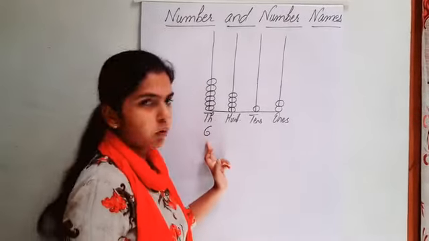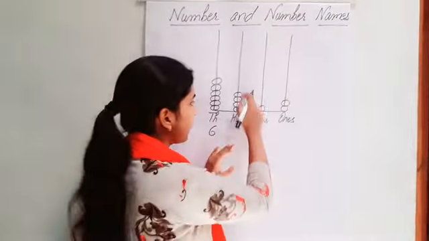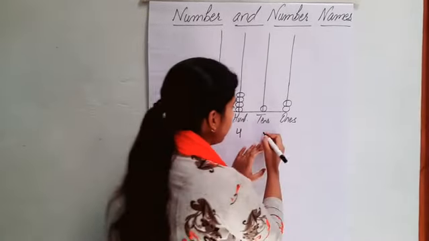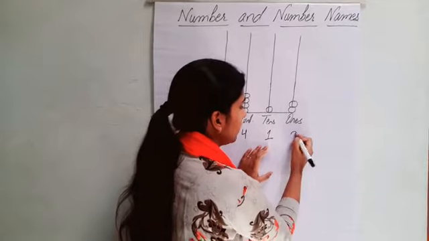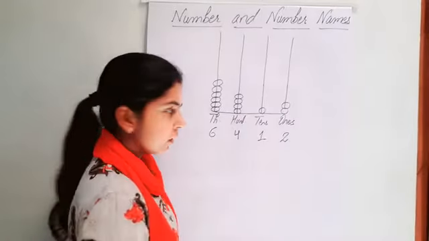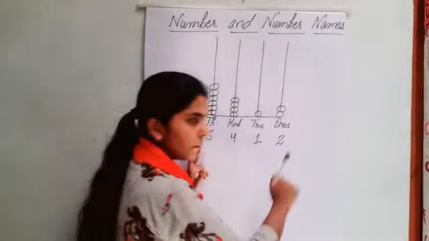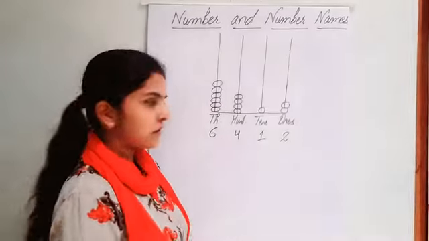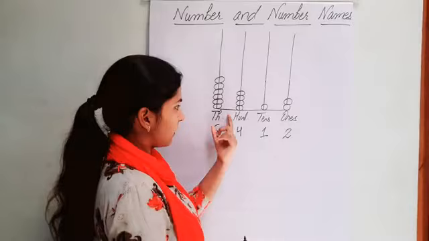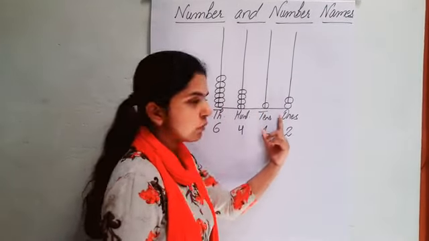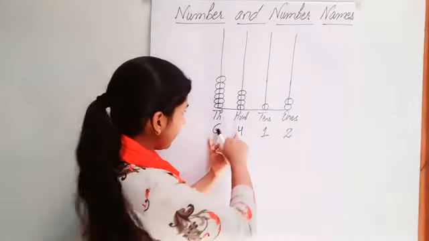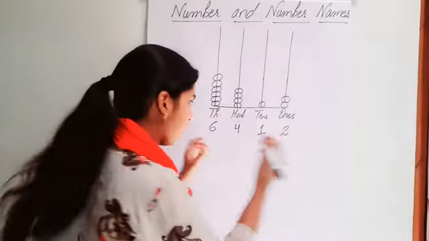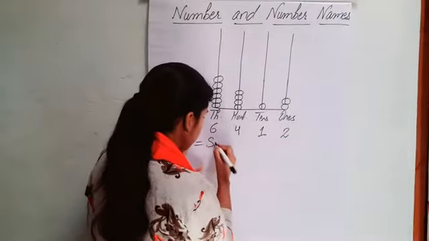There are 6 beads, so we will write 6 here. There are 4, so we will write 4 here. There 1 and there 2. So this is our number. I think now you all are able to read this number. This is like a place value chart. 6,412. Now let's write its name.